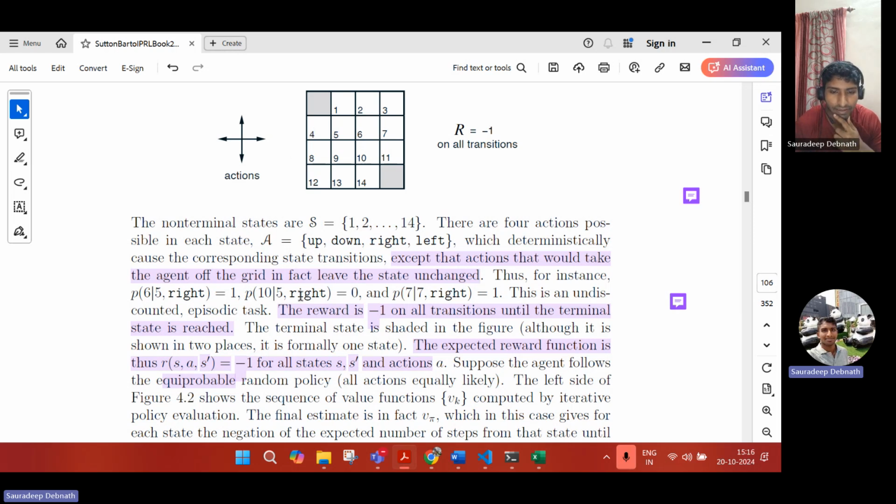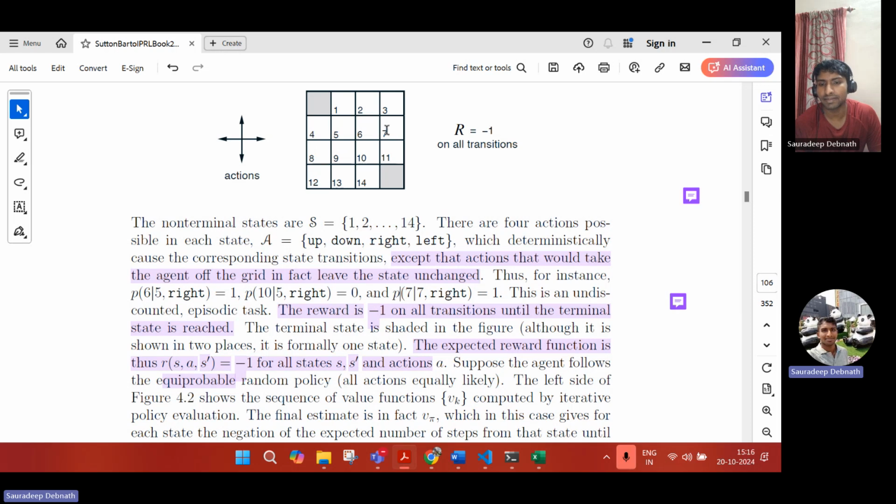So here are some examples. If we are at 6 and we take an action right, with 100% probability we'll land at position 5.